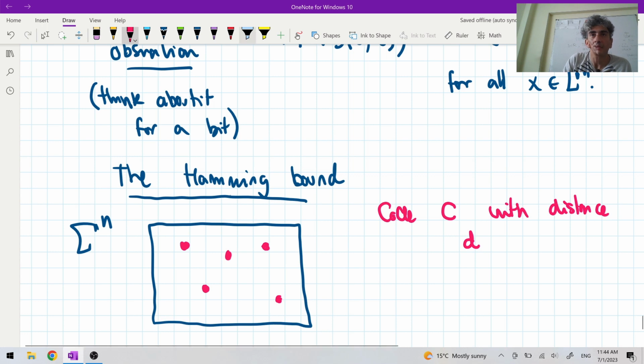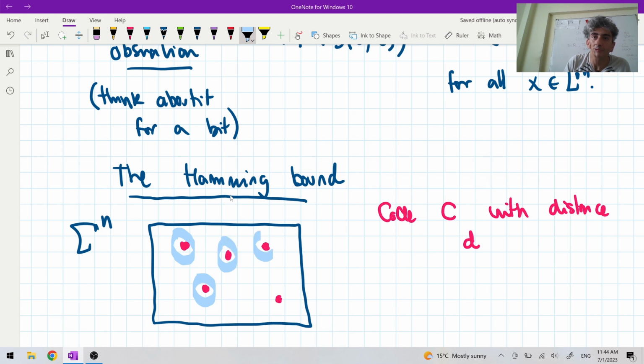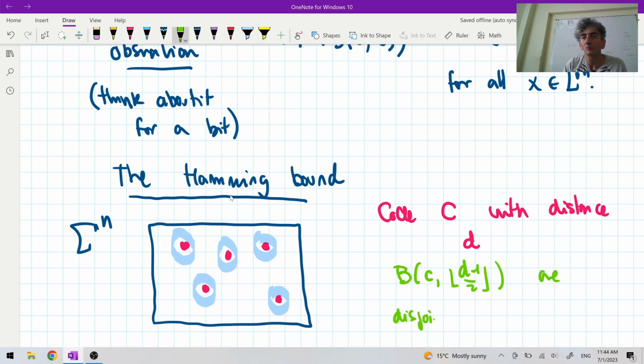That means that balls of radius (d minus 1) over 2 are disjoint. And suppose that Q is the size of the alphabet.